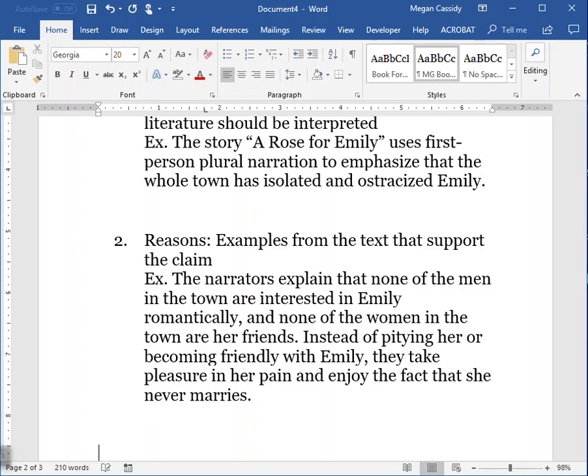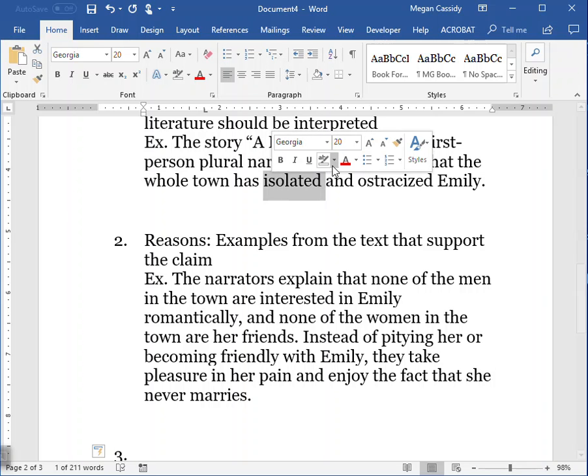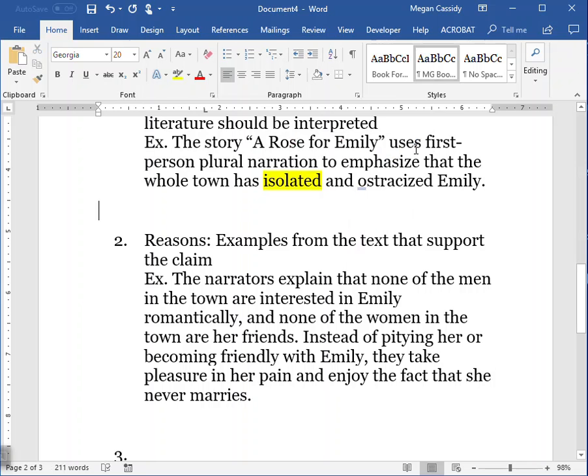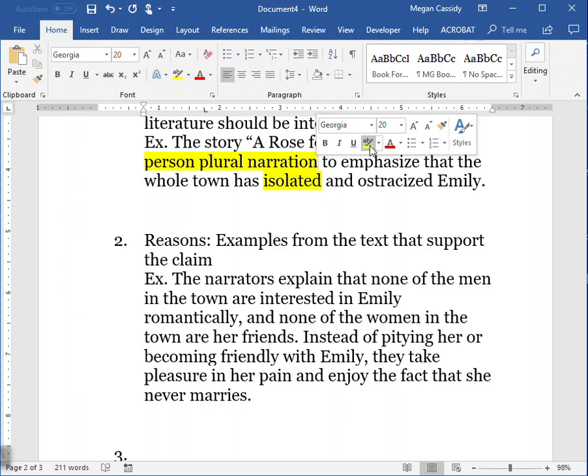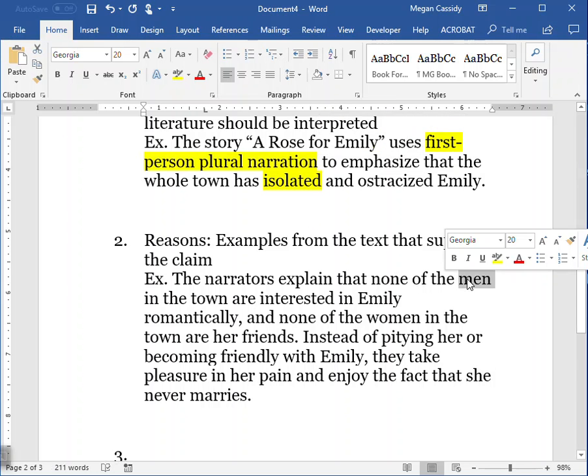So I have there some examples, and those examples are directly connected to my claim up here about first person narration. This is one of the things I think sometimes that I see with papers. I'm just highlighting a few things. First person plural narration. So I've mentioned here the men, and I've mentioned here the women, and then I have the idea that they're taking pleasure in her pain.